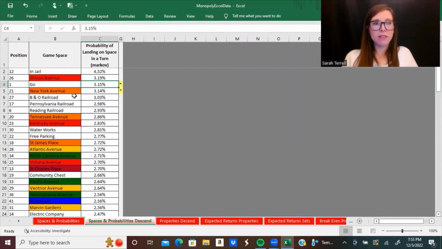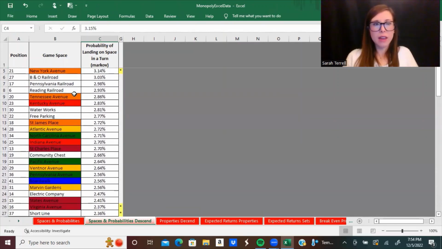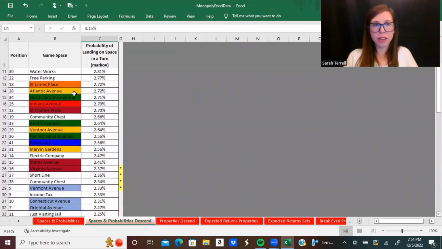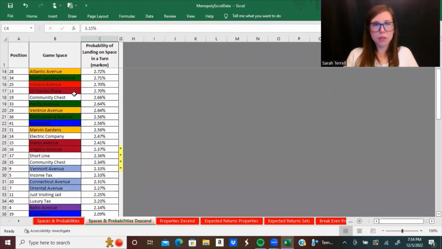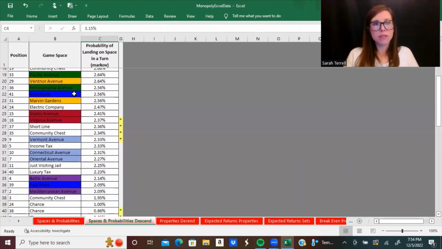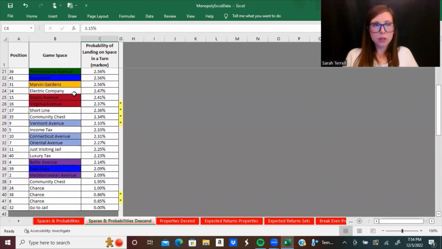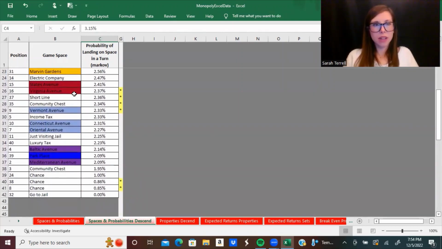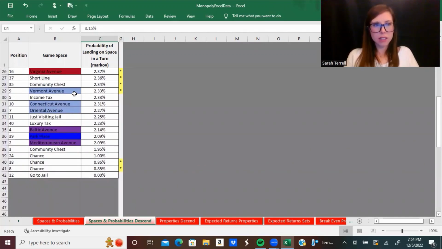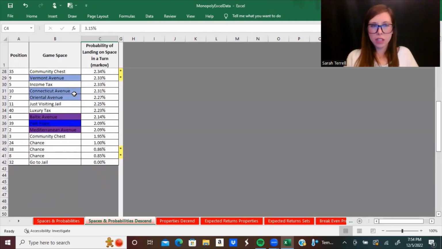But next, we have New York Avenue, B&O Railroad follows that, Pennsylvania Railroad, Reading Railroad, Tennessee Avenue, Kentucky Avenue, Waterworks, Free Parking, St. James Place, Atlantic Avenue, North Carolina, Indiana Avenue, St. Charles Place, Community Chest, Pacific Avenue, Ventnor Avenue, Pennsylvania Avenue, Boardwalk, Marvin Gardens, Electric Company, States Avenue, Virginia Avenue, Short Line, Community Chest, Income Tax, Connecticut Avenue, Oriental Avenue, Just Visiting Jail, Luxury Tax, Baltic Avenue, Park Place, Mediterranean Avenue, Community Chest, Chance, and Go To Jail.